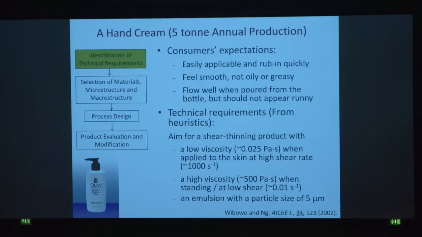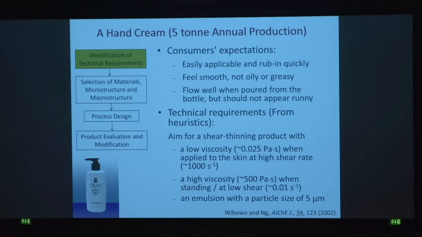In this example of the cream product, the consumer expects that it is smooth, it flows well, but doesn't drip. So for that, we need a shear thinning product with all the numbers from heuristics in the framework, and we need an emulsion with a particle size of about 5 micron, so it would feel smooth.